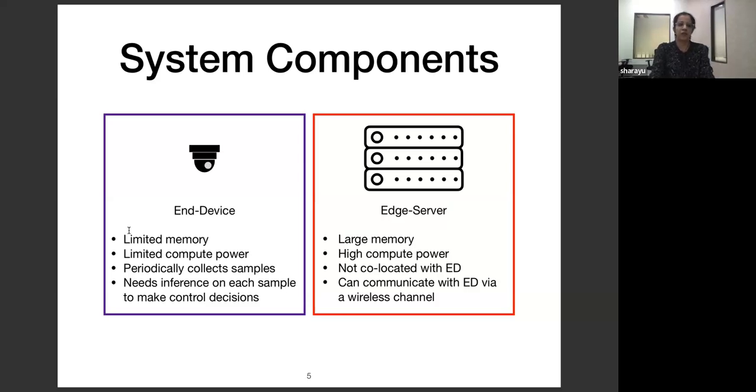The inference made on these samples is then used to make controlled decisions by the device itself. Compared to this end device, the edge server has significantly more storage as well as compute power. The device can communicate with the server via a wireless communication channel, and since the channel is wireless, it is prone to communication delays.